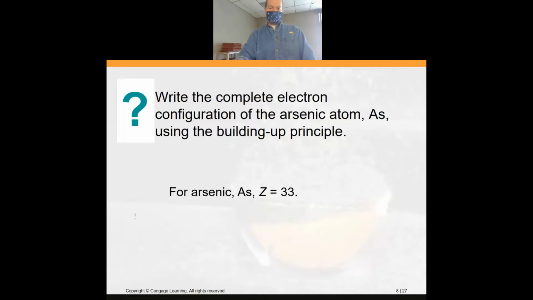So if we're doing arsenic, which has atomic number 33, we find arsenic, it is number 33, so that means 33 protons. It is neutral, it's an atom, and so that's how many electrons it has. Now we're going to do the electron configuration, and we will stop when we hit the number 33.